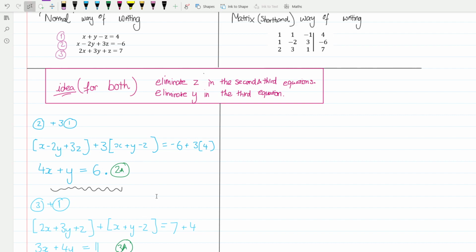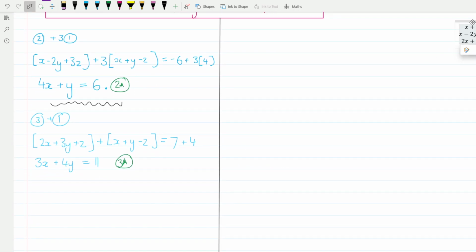I've changed it once. Now let's copy this system of equations, but let's include those changes. Let's scroll down. Let's write it down here. So I've changed equation 2 now. It's now 4x plus y equals 6.